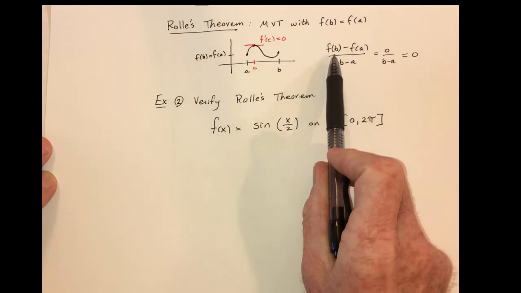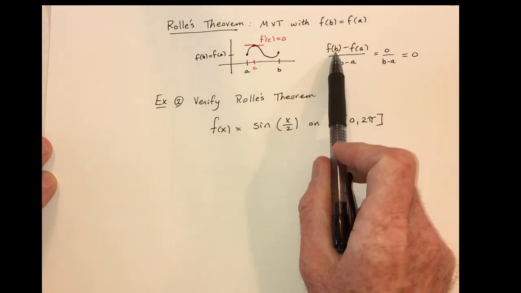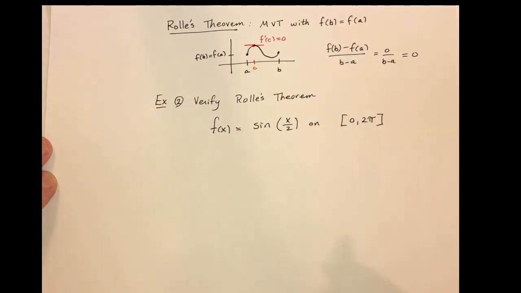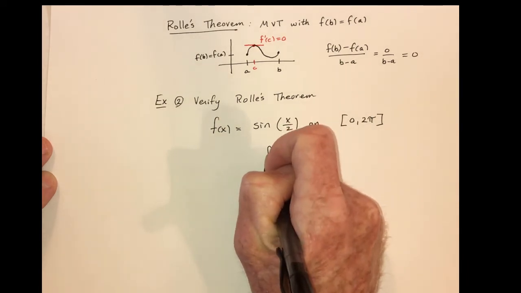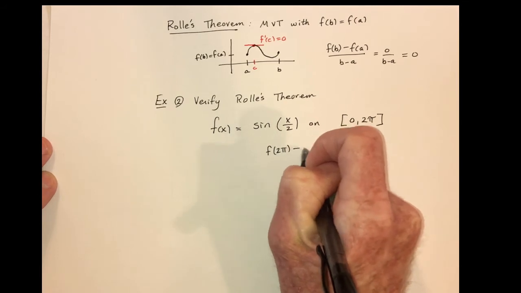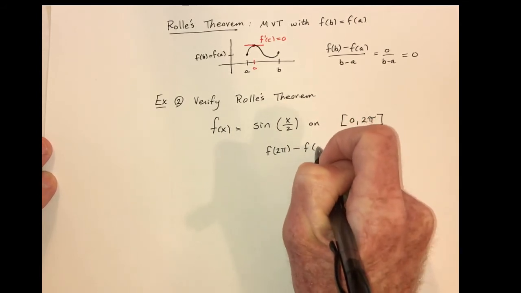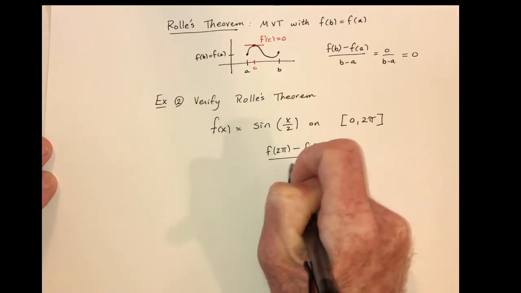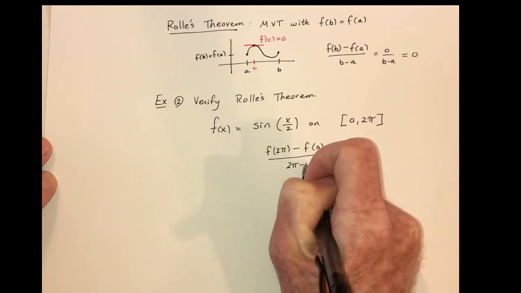So first of all, we need to do this part. So this is going to be the 2 pi and this is going to be the 0. So f of 2 pi minus f of 0 over 2 pi minus 0.